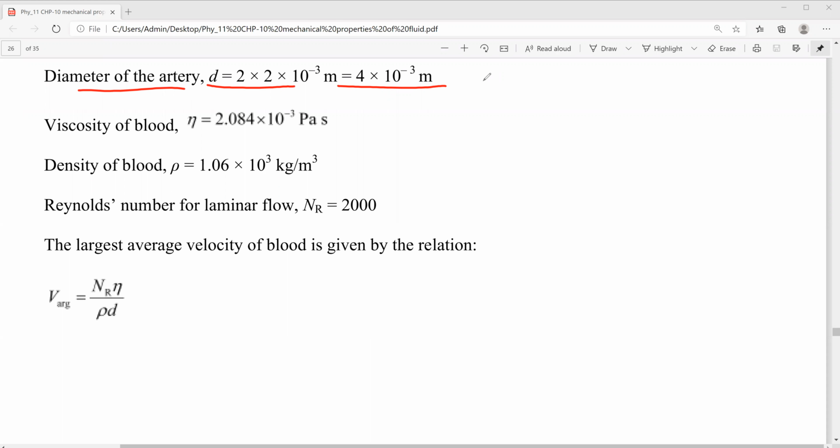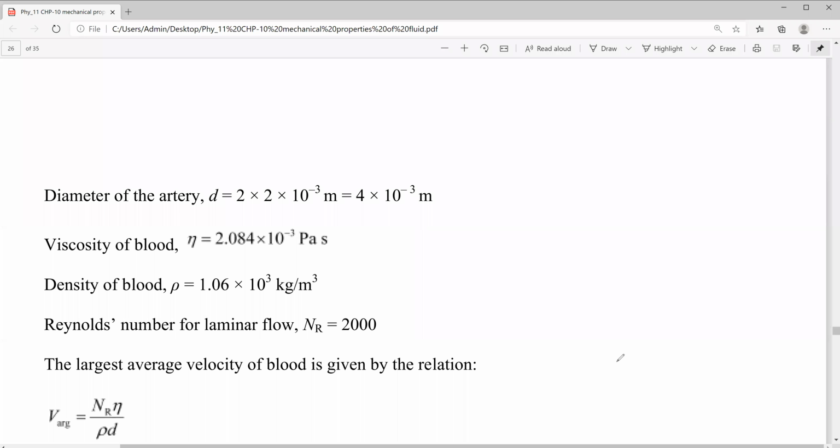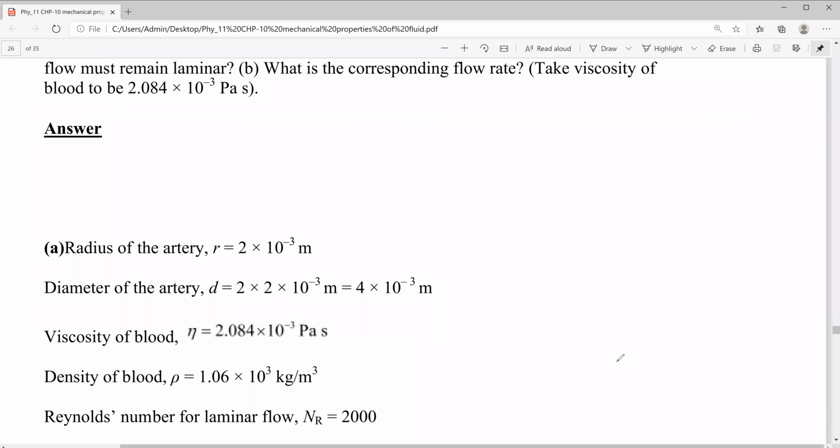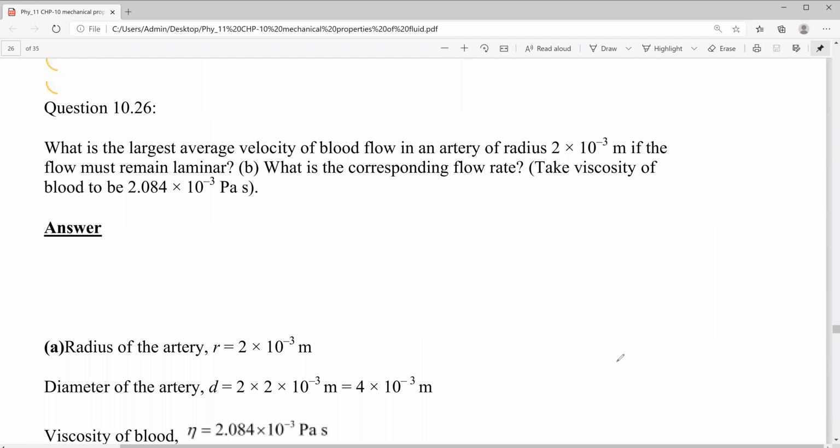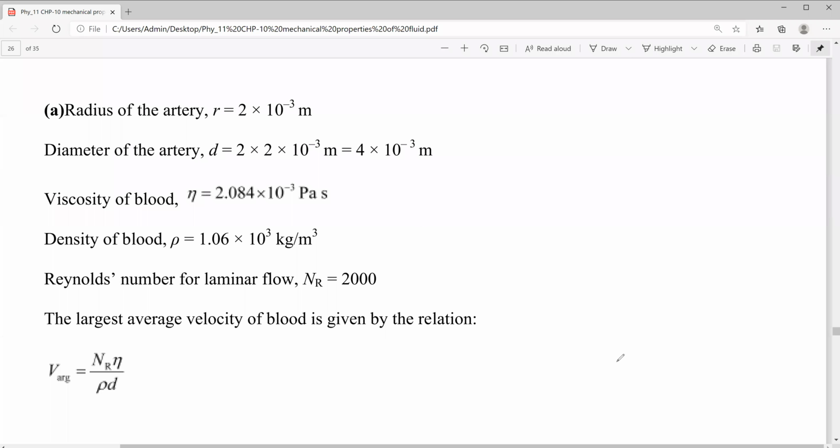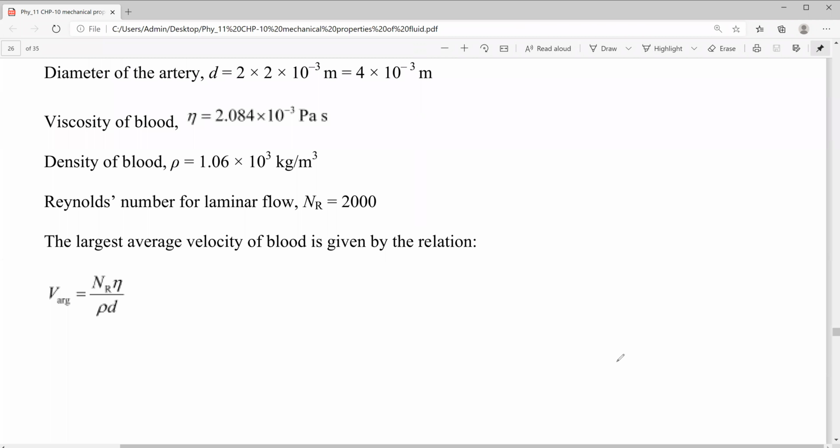The viscosity of the blood value they have given. Okay, well, the diameter they have given, the viscosity of the blood they have given, and the density of the blood rho value they have given as 1.06, and Reynolds number 2000.